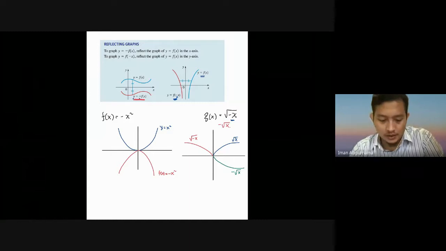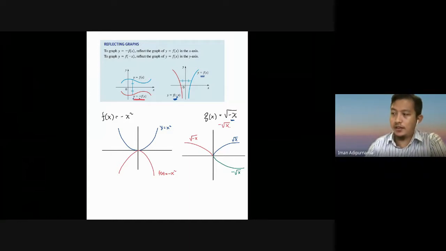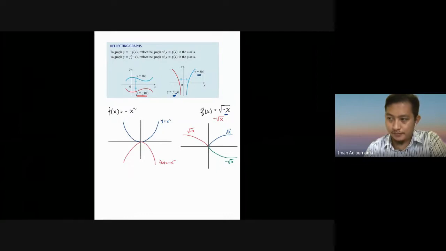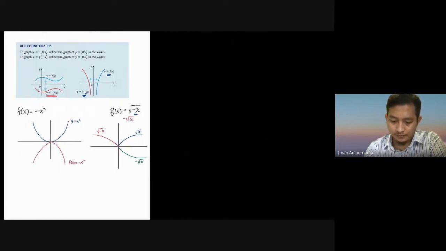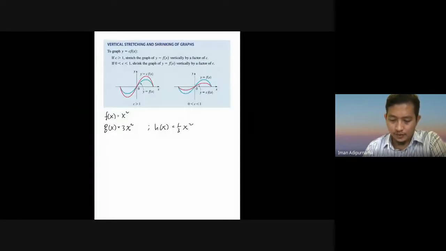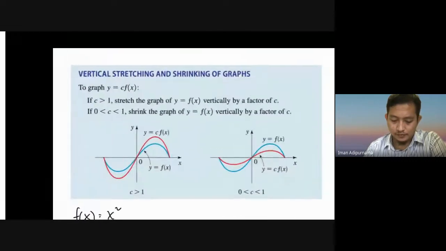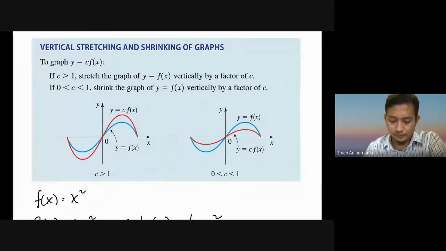Okay. The next thing is stretching and shrinking. Now we have stretching and shrinking, the other transformations.